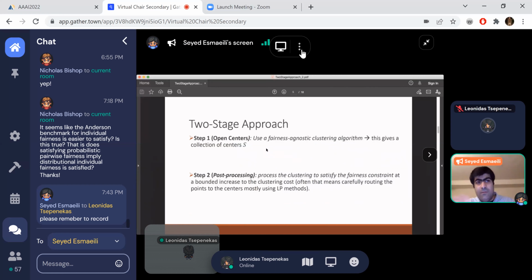For example, if you have the k-means clustering objective, you just go ahead and use a regular k-means approximation algorithm to decide the centers. This will give you a collection of centers S. The more tricky step is step 2, where you have to post-process the assignment function. In step 2, you have to process the clustering to satisfy the fairness constraints, and you have to do this at a bounded increase to the clustering cost. Mostly this means that you're going to use a linear program, although there are other methods to do that as well.